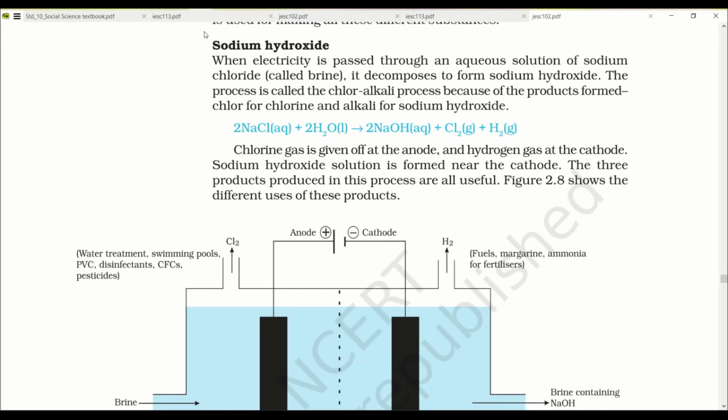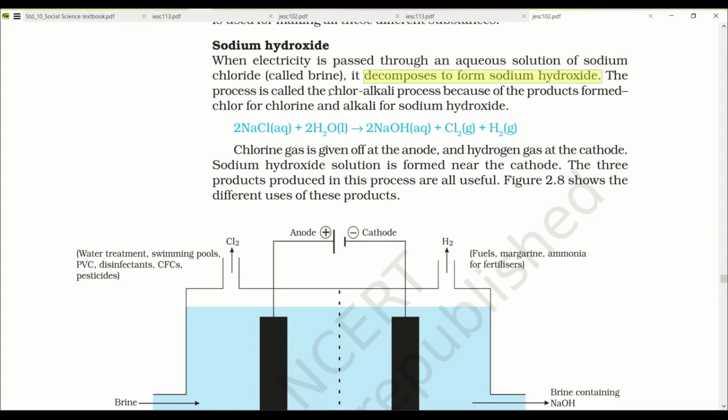The first is sodium hydroxide. When electricity is passed through an aqueous solution of sodium chloride called brine. So when you mix salt in water, the solution that you obtain is called brine. And when electricity is passed through that brine, it decomposes to form sodium hydroxide.